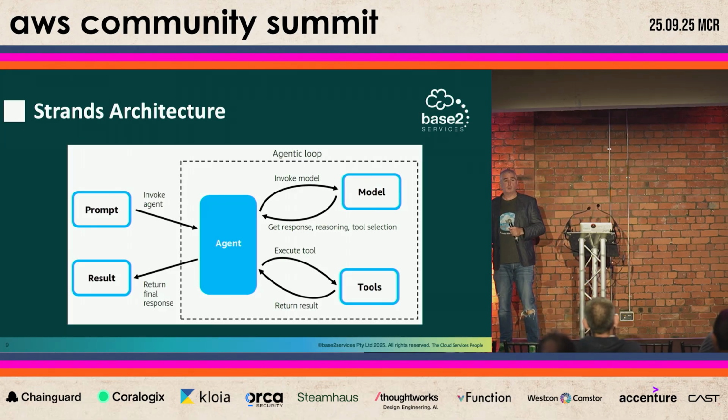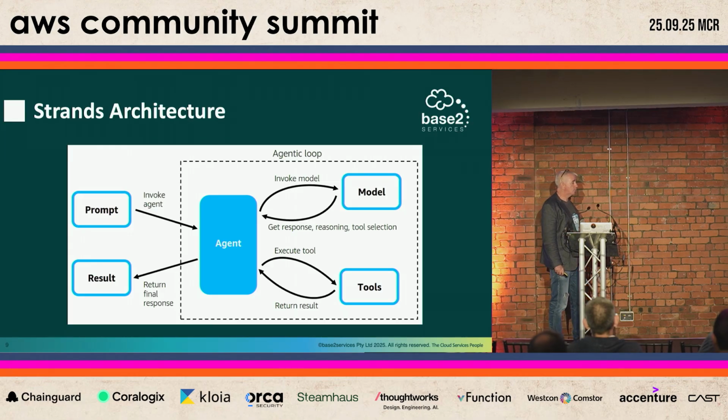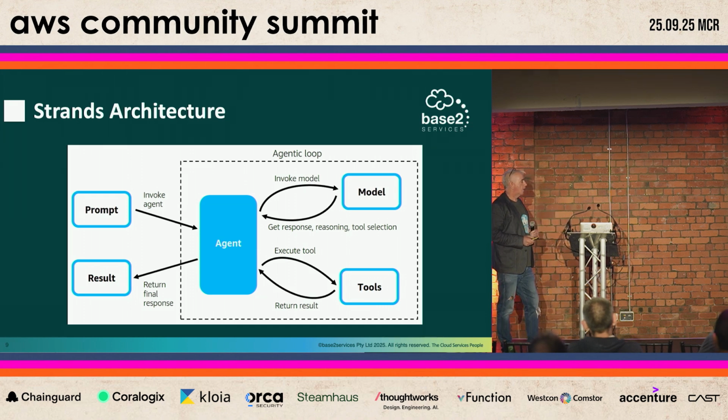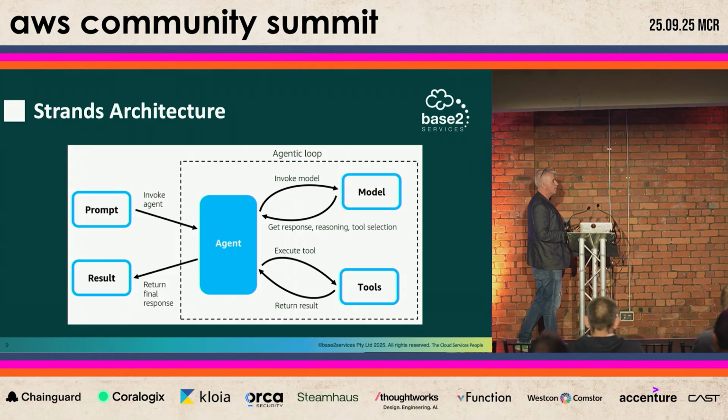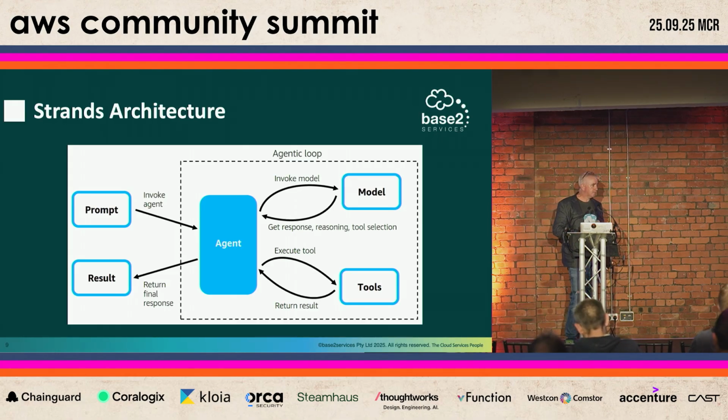We'll get a response and we'll get some tools, and then the agent might invoke that tool and get back a response. It then sends that response back to the large language model and it comes back again. This is why it's a loop. It's an indeterminate loop. It could loop once, it could loop multiple times, until the model thinks it's got a good answer, and then the agent will return that.